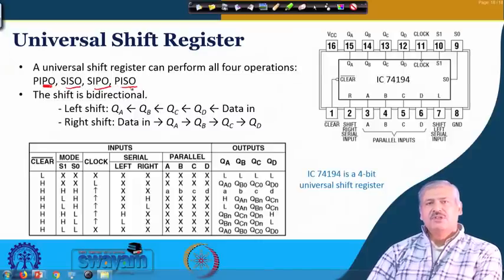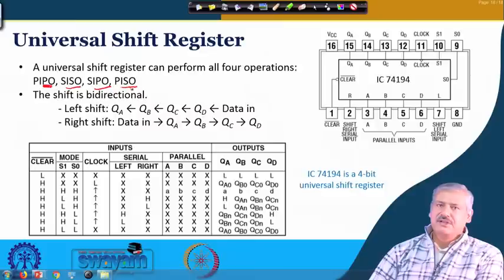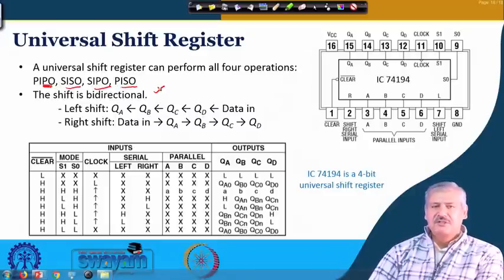In the universal shift register you have all these options available, and of course, when you make all these options available, the sacrifice will be the number of bits you can handle within a particular package. But if you require a versatile device which can perform many different operations, shift right, shift left and all those things, in this connection you need to remember the universal shift register offers both left shift and right shift.